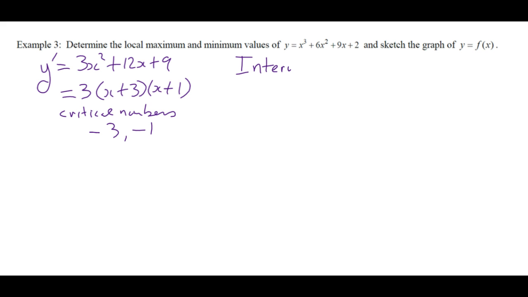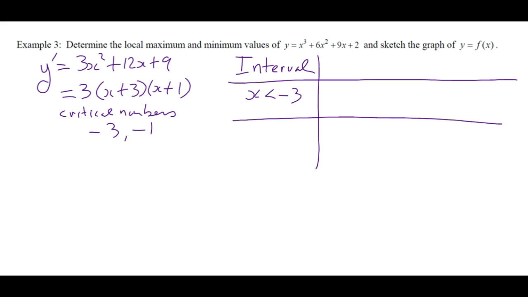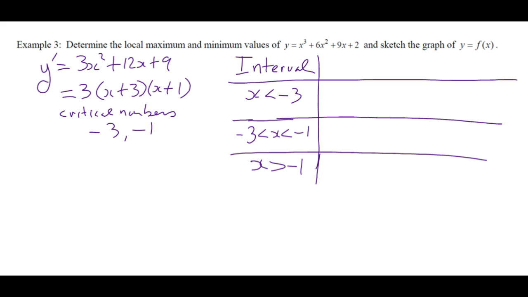So we have intervals: x is less than -3, between -3 and -1, and greater than -1, right? So we have 3 intervals. We split the number line into these 3 intervals.